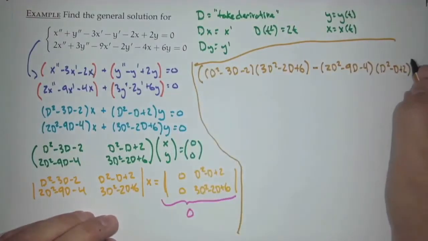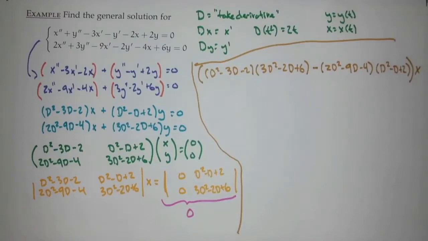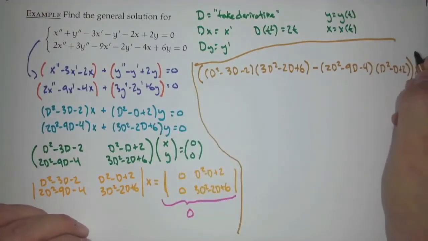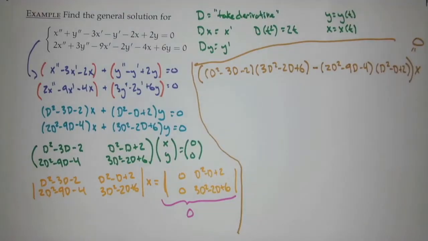All of that, x. Now, what's next? Oh, I forgot. I ran out of space. What does all this equal? 0. Yes. All that equals 0.